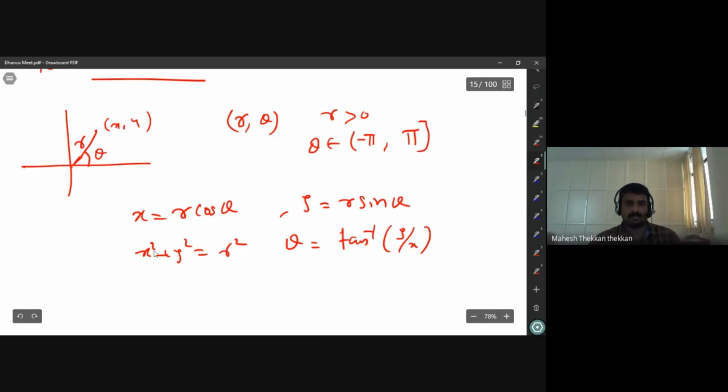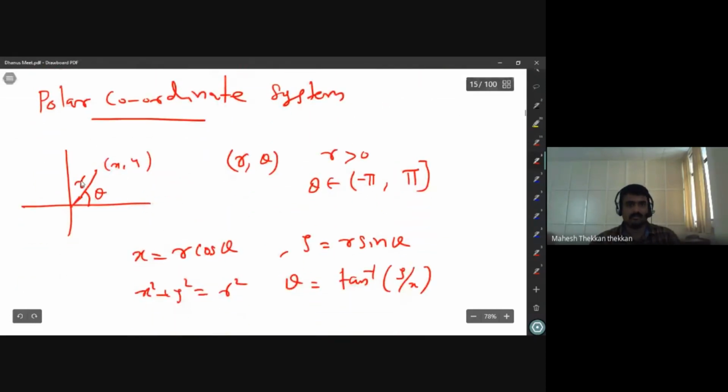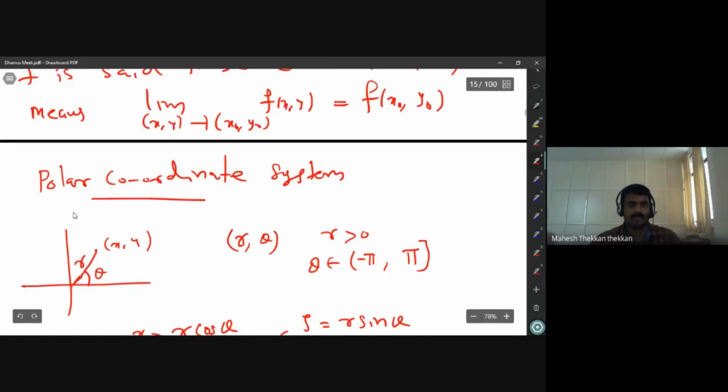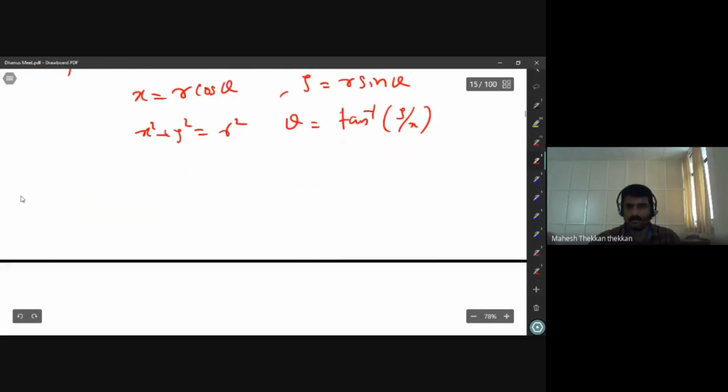Okay, this is the conversion formula. I think you have done this in your previous course. So let me look at one example, and I will find the limit at some point using this polar coordinate conversion.